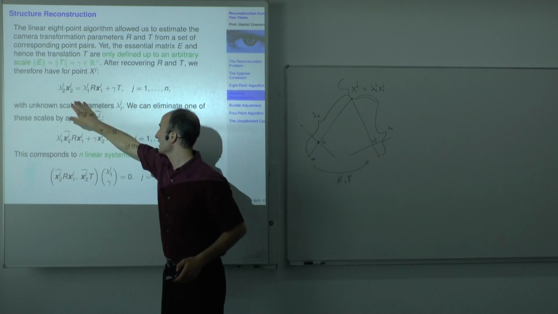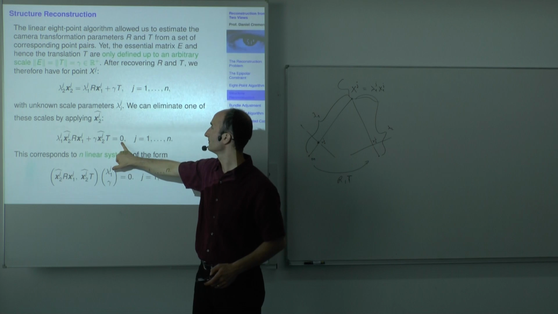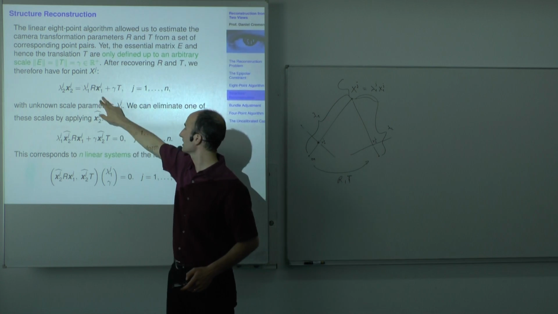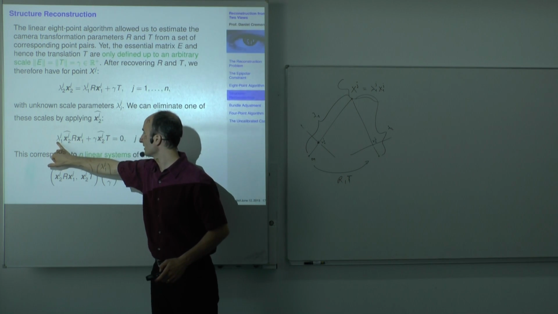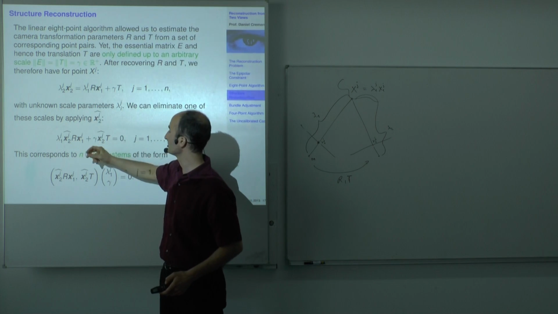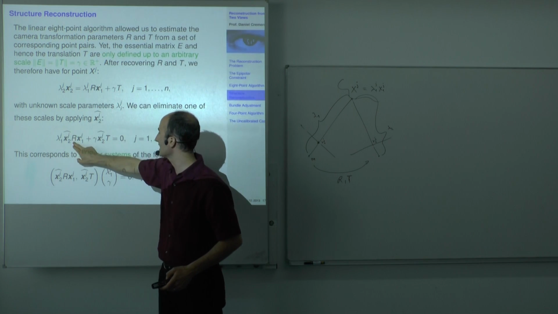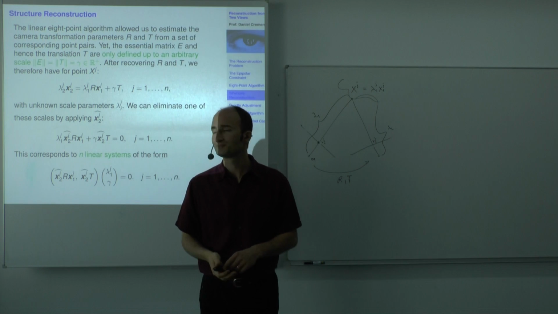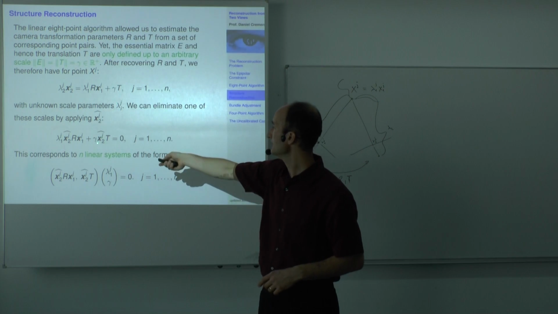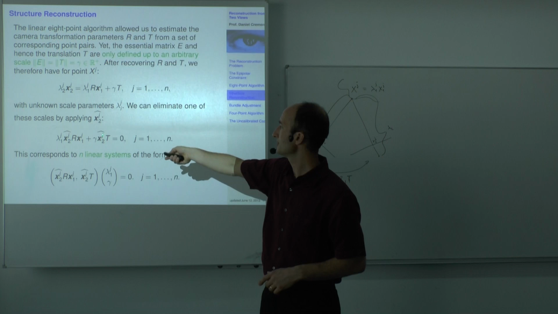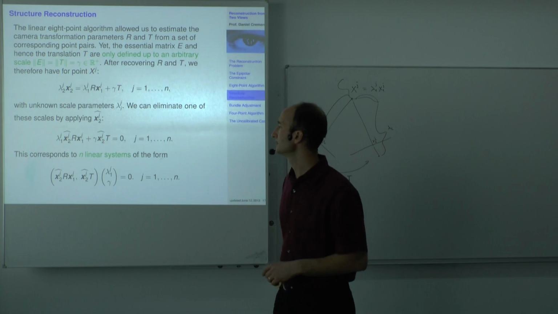And so the left-hand side here becomes 0, and on the right-hand side we can pull out lambda 1j, it's a scalar parameter, so we have x2j hat R x1j. And similarly we have gamma times x2j hat times t.